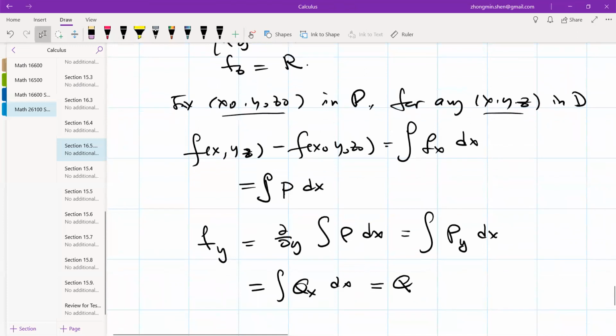Then you add a constant, another constant c. The constant c depends on y and z.